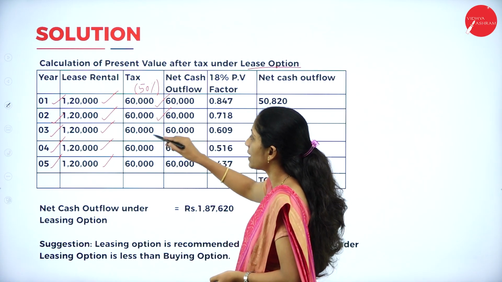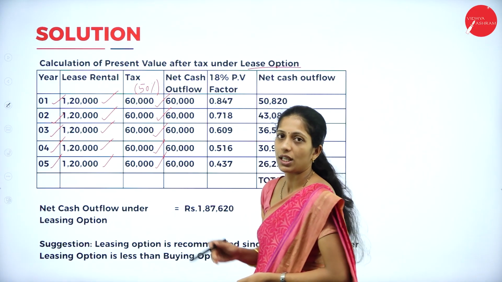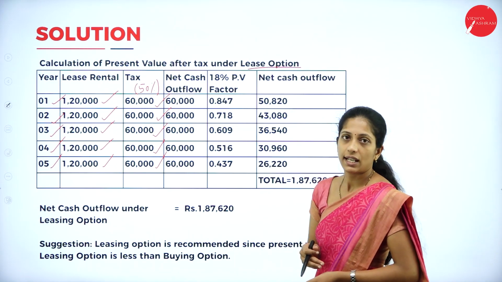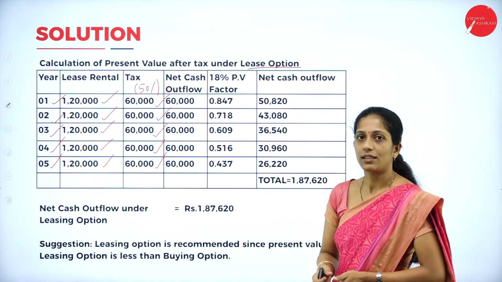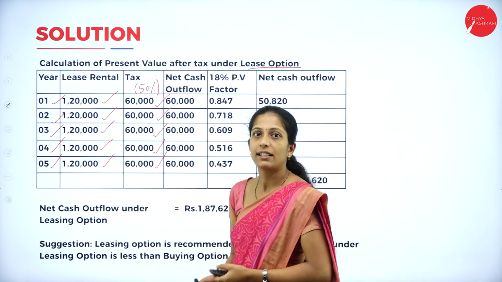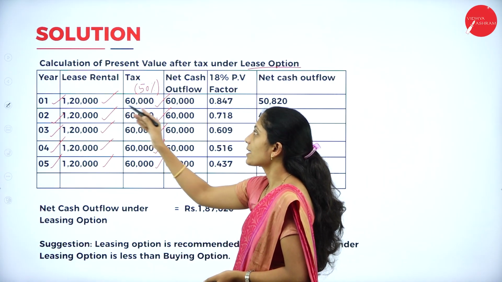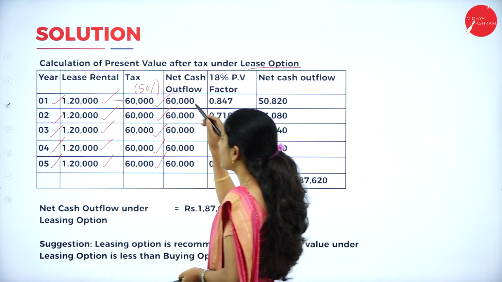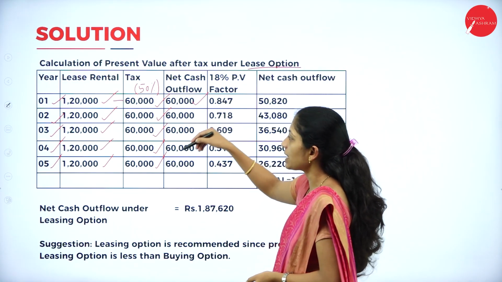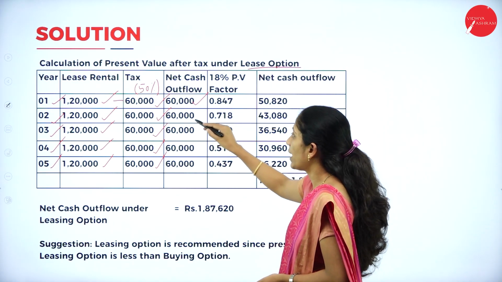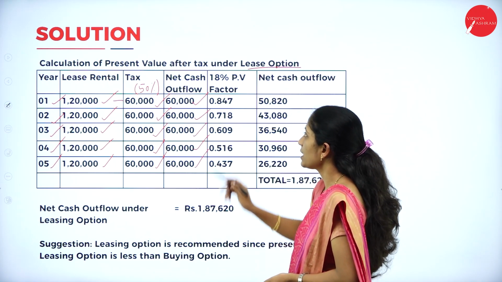So for all the years, it is 60,000. That is 1,20,000 lease rental into tax rate 50%. So we'll get 60,000. Now we have to know what is a net cash outflow. That is lease rental minus tax will get net cash outflow. So here 1,20,000 minus 60,000, it is 60,000. In the same way, every year it is 60,000.